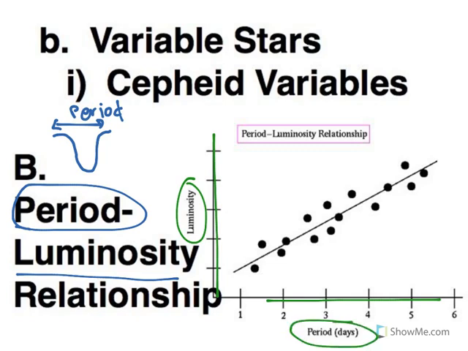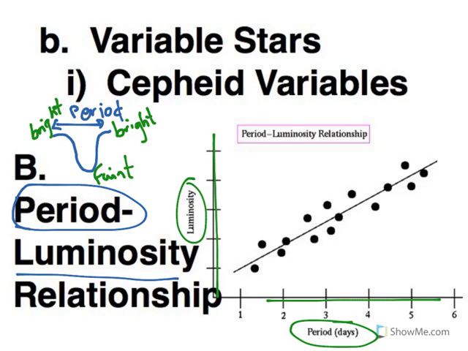So how long it took that star to go from bright to faint and back to bright, that's one period in its variability.